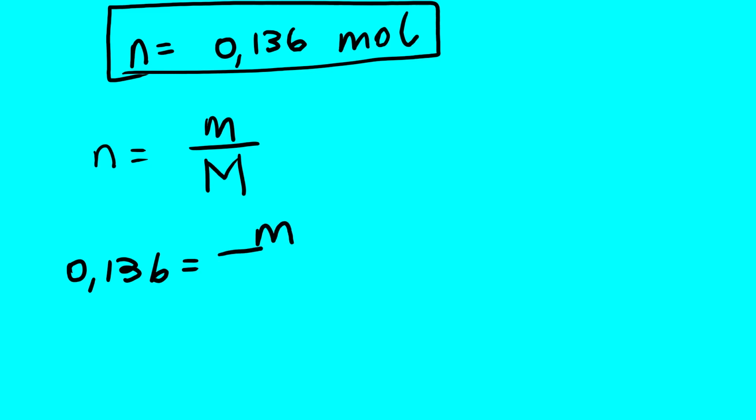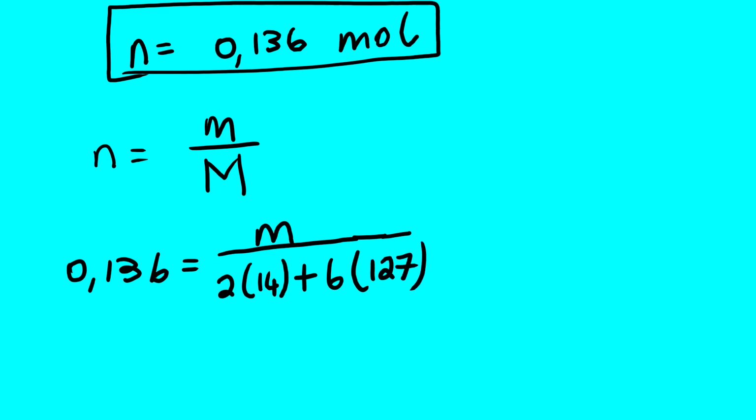You are looking for the mass, and then we have 2 atoms of nitrogen, 14, plus 6 atoms of iodine, which is 127.